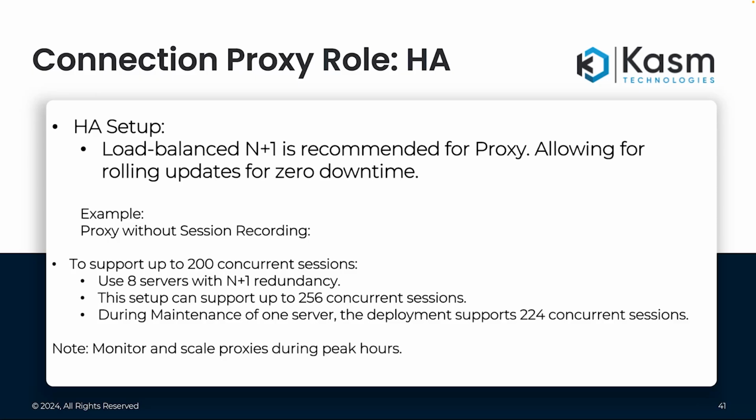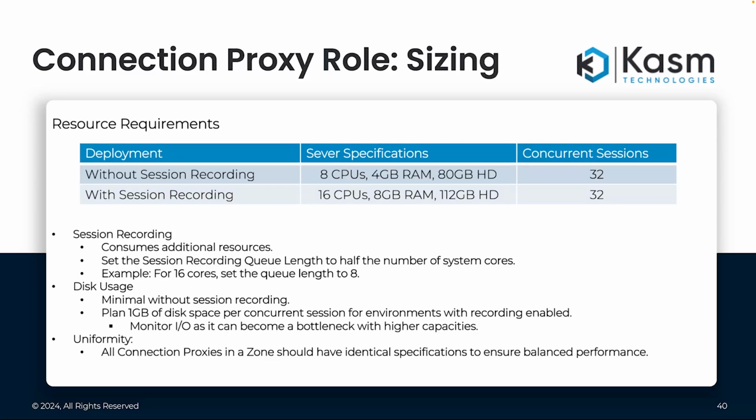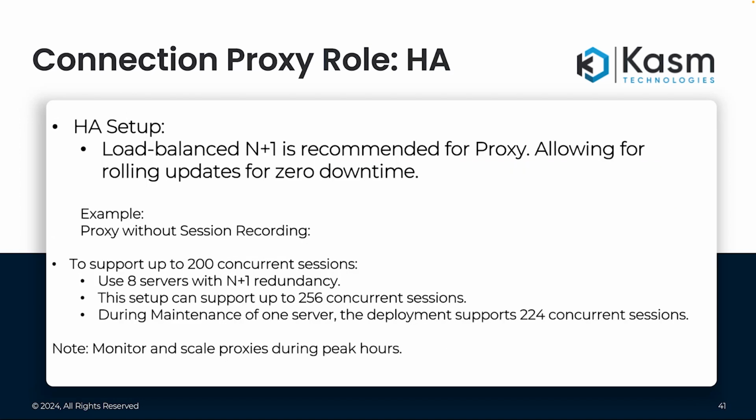It's less efficient. So that's why we went with the numbers of 32 concurrent sessions with these. But definitely it is on a case-by-case basis, and we really need to see what clients and what workload the individual user is going to have, and then we can scale based off of that. That's why monitoring is so key with setting these up.